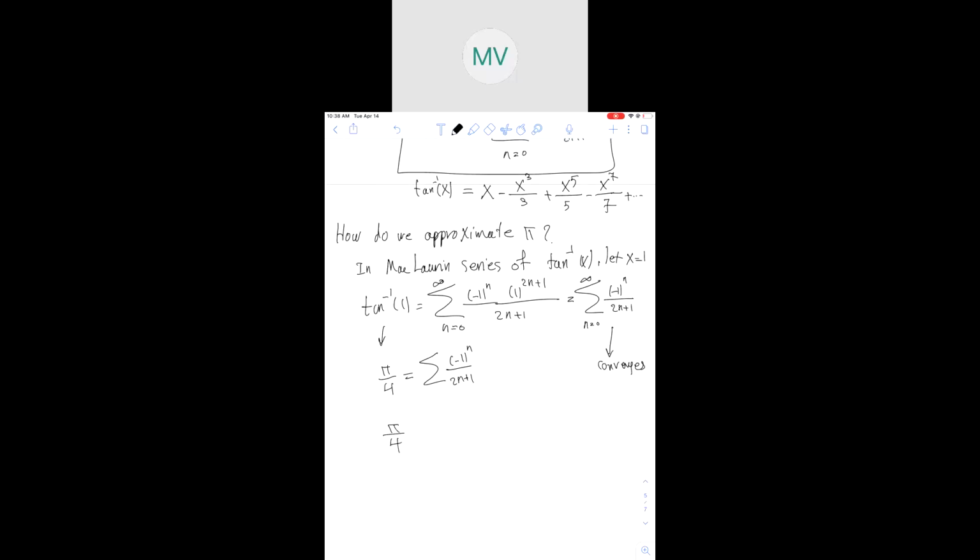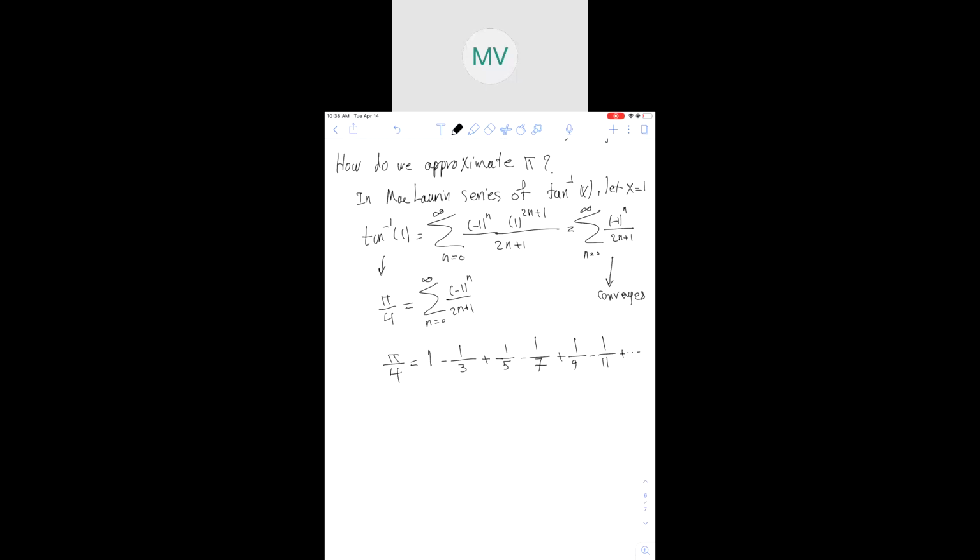That means pi fourth equals, let's write down first few terms, n from 0 to infinity. It's going to be 1 minus 1/3 plus 1/5 minus 1/7 plus 1/9 minus 1 over 11, and so on. Now, if you wanted to solve for pi, you multiply both sides by 4. So pi is 4 times 1 minus 1/3 plus 1/5.